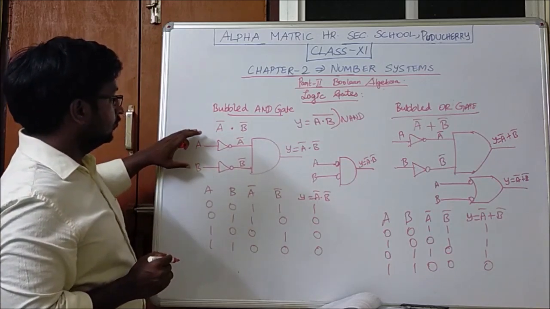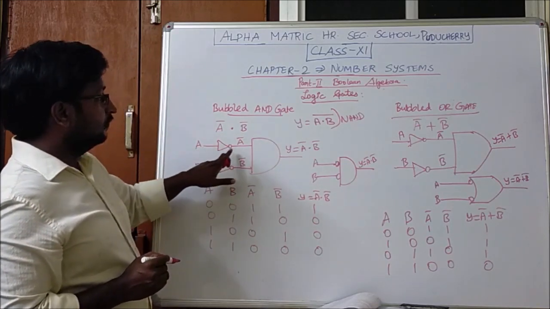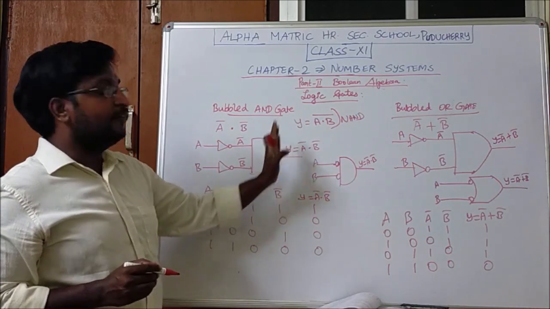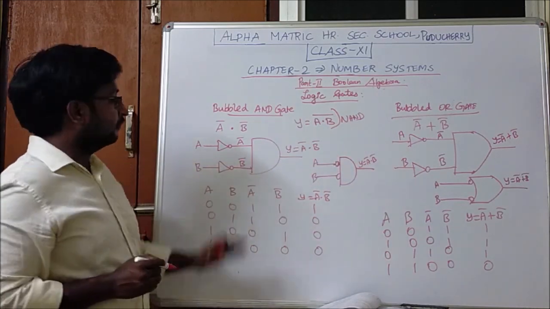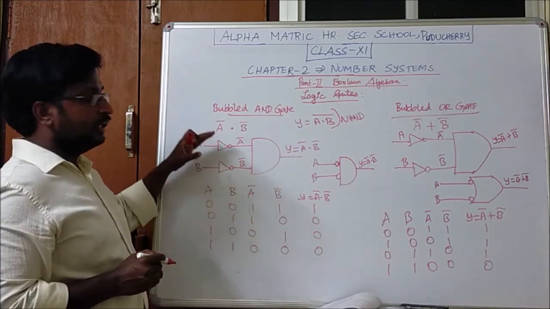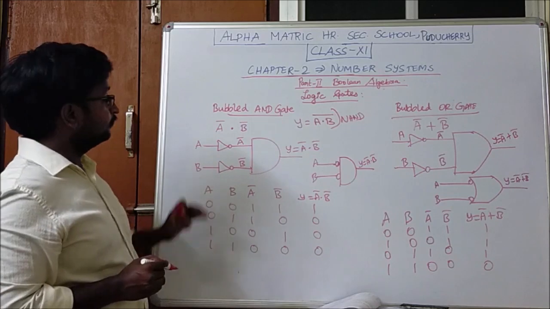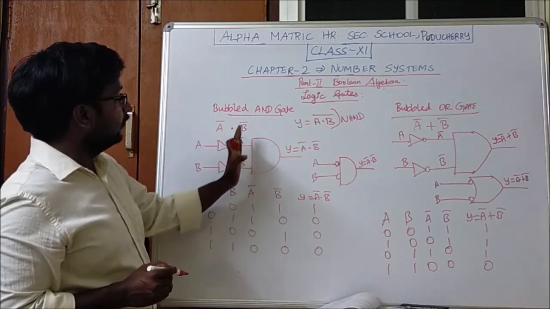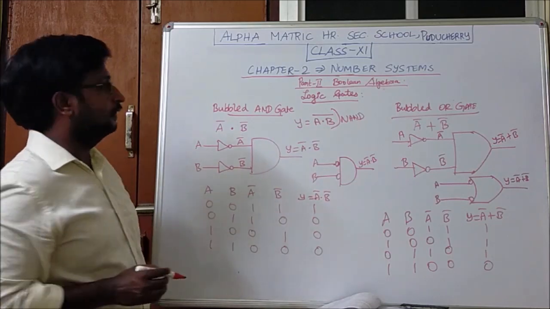So this is the logical circuit. In the NAND gate, the NOT operator is common after the AND gate, whereas here, before the AND gate itself, for each input we have used a NOT gate. So first the inputs get inversed, and after that the result is multiplied.